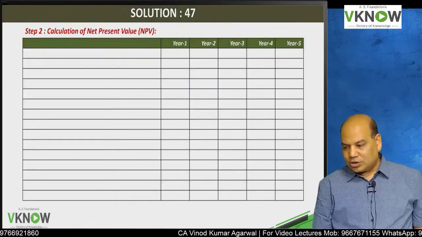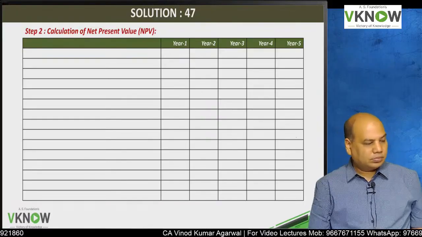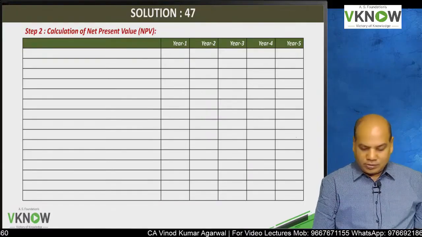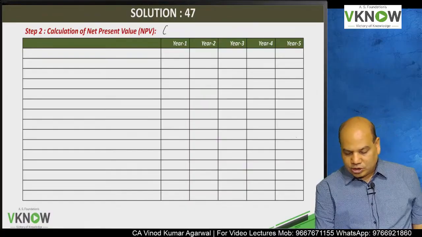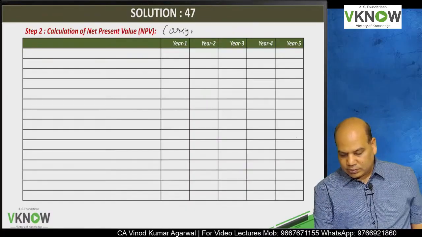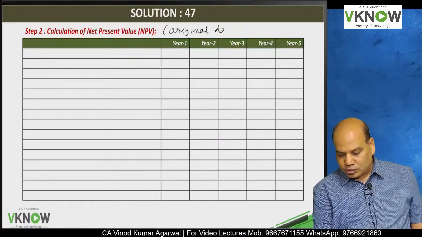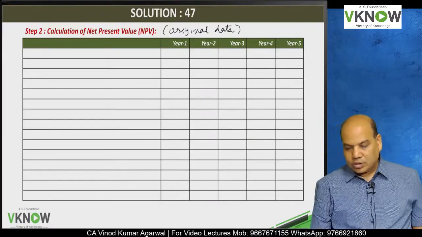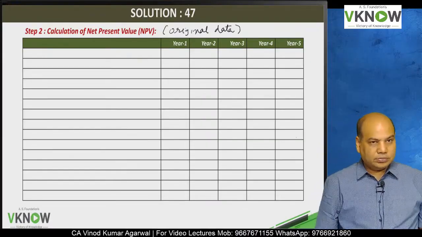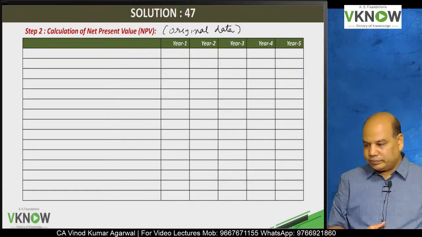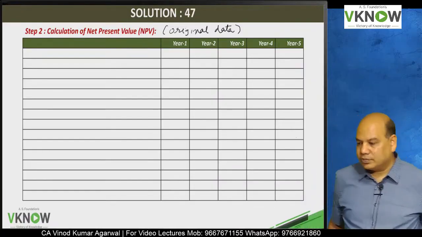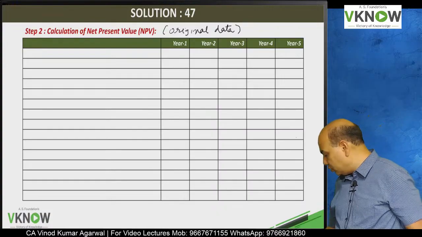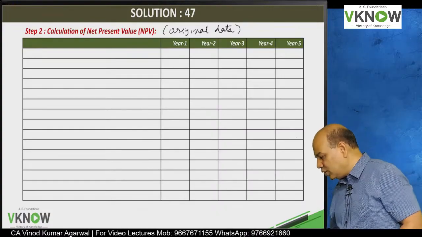Now write down the calculation of NPV. This is my original data. Write down based on original data, right hand side 5 columns. Draw the table first, preferably use a scale.